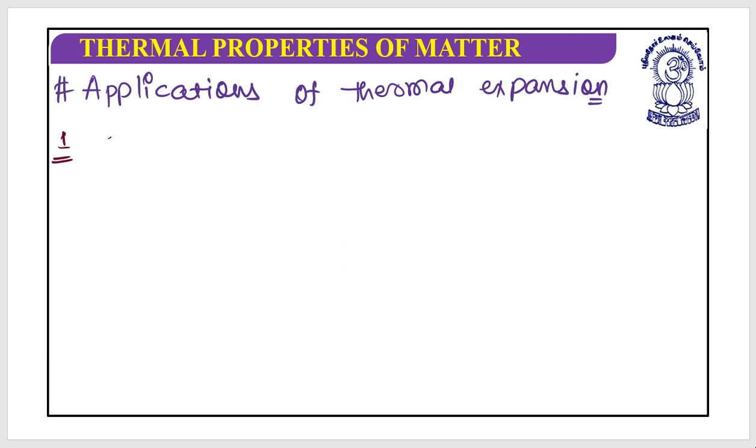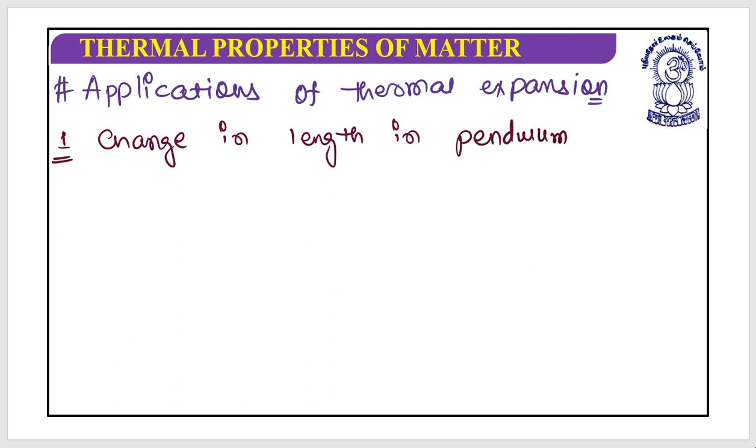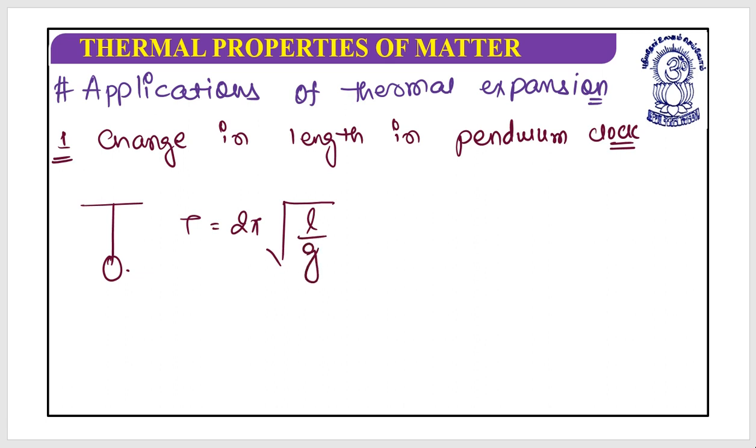First, change in the length in a pendulum clock. I hope you understood that this is the pendulum, and this pendulum has a time period T equals 2 pi root of L by g.